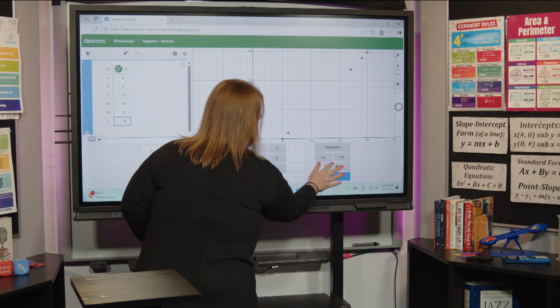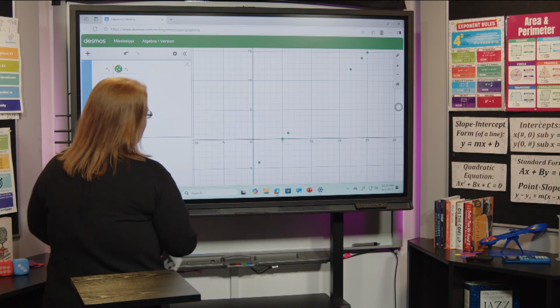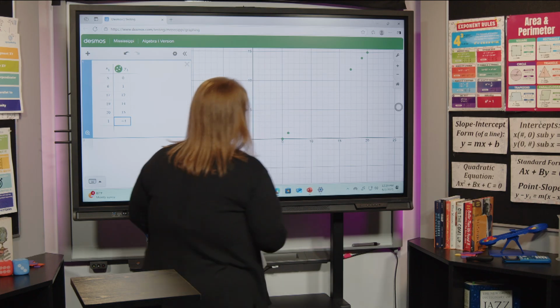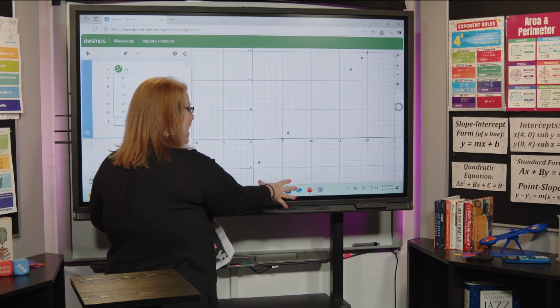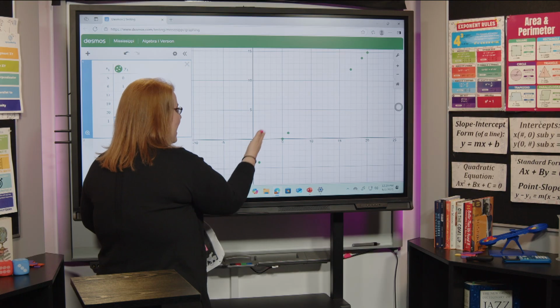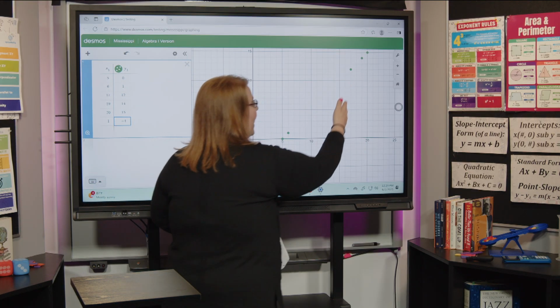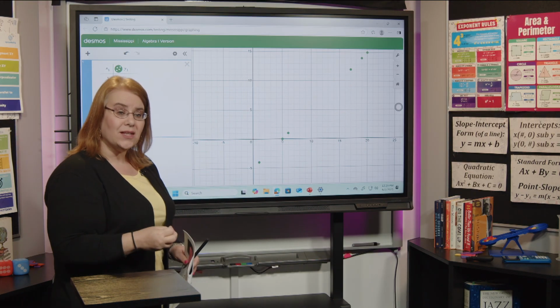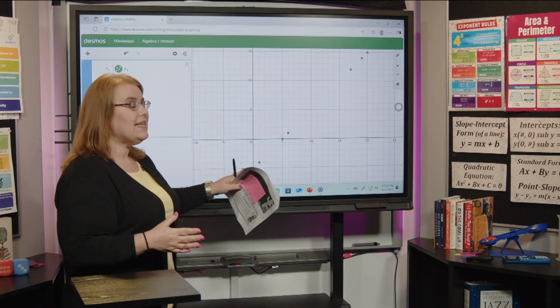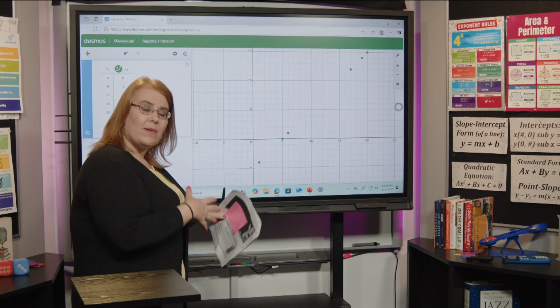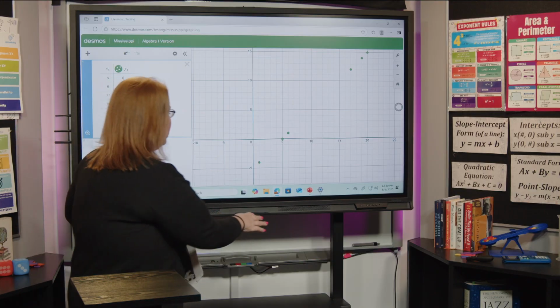I'm glad one of y'all caught that because I did not. So there, it's now on our line. So when I have this 1 and -4, even though it's in the negative portion of our graph, it is still on that line and can be a possible answer to this equation. So this shows us that negatives can be a part of our solution sets. All right, let's go back.